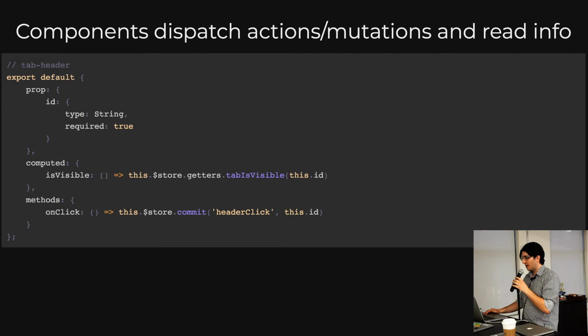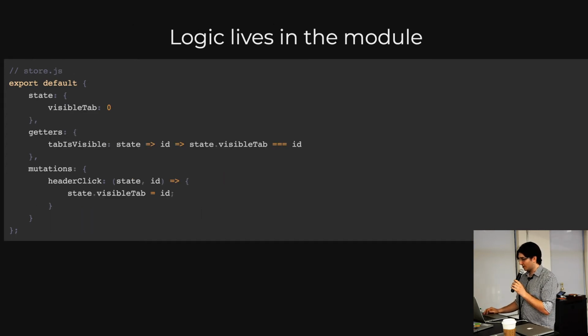So we can tell whether or not it's visible based on whether the ID it has for itself matches the ID of what is supposed to be currently shown. All the logic that handles the communication between the tab container and the individual tab headers and tab content lives in the module that gets registered at the point at which it's mounted.